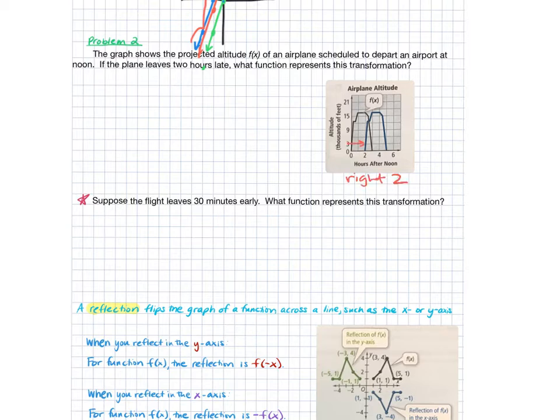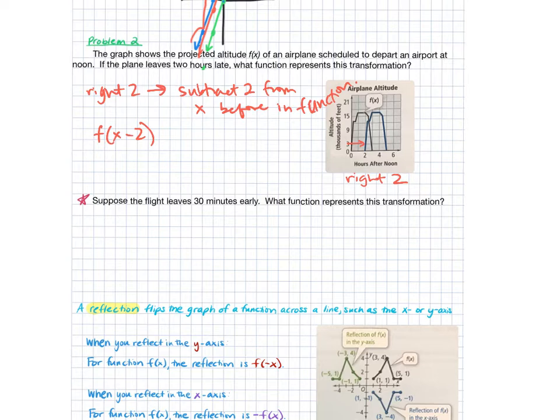So remember, when we move horizontally, if you're moving to the right 2, that means you're going to subtract 2 from x before you put in the function, which is represented as f(x - 2). Okay, so that's how we would do that one.